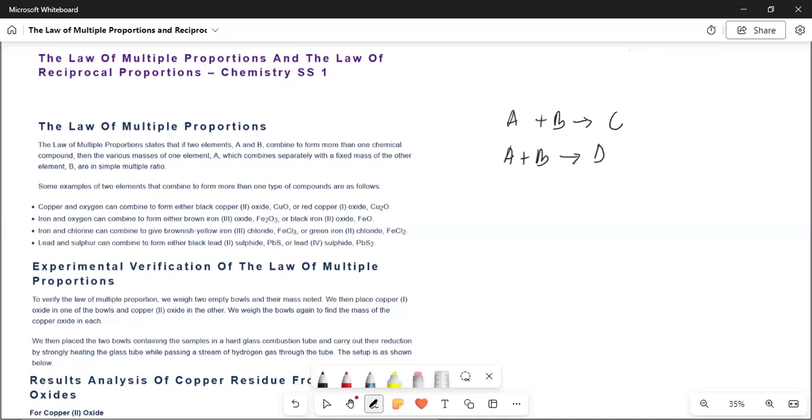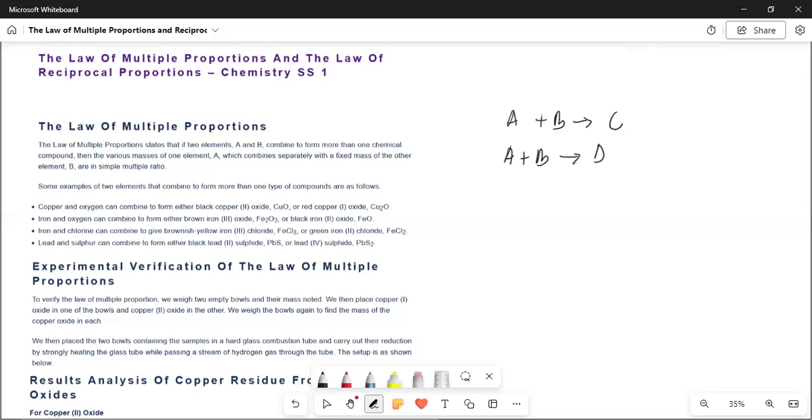And so the law of multiple proportions is saying that the various masses of the first element, which combine separately with the other one, are usually in a simple multiple ratio. To verify this law, we are going to find the percentage by mass, the mass of copper in two samples of copper oxide. One of the oxides is copper 1 oxide, the other one is copper 2 oxide.